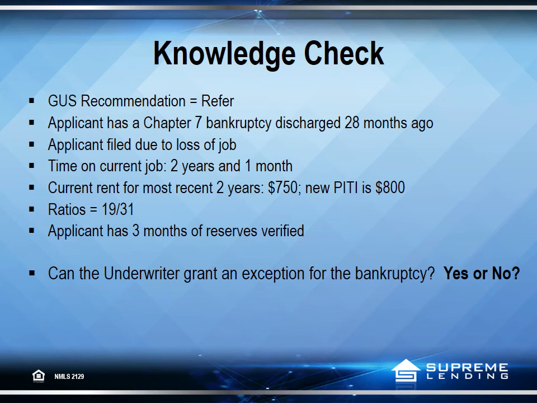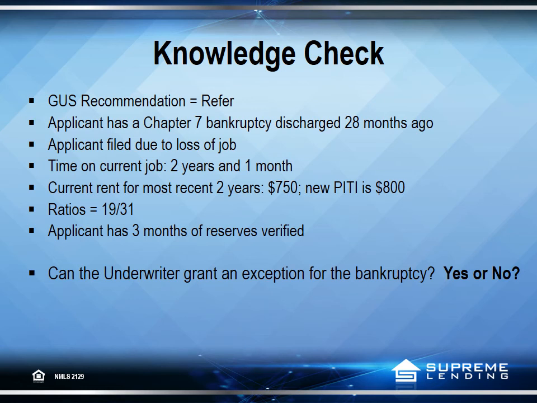The applicant's rent for the most recent 2 years has been $750 monthly. The new PITI for the loan will be $800. The ratios on the file are 19 and 31, and the applicant has 3 months of verified reserves.